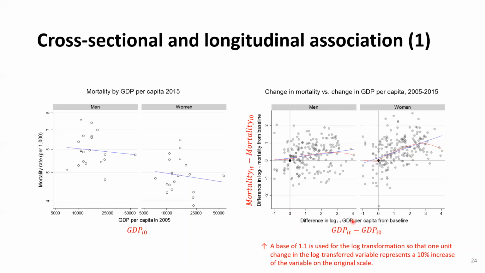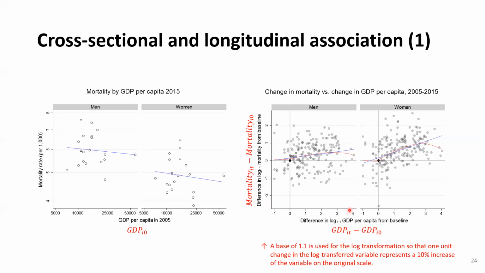When we take the natural logarithm, a 1 unit change equals GDP changing by a factor of e, which is 2.74 something, so that doesn't make much sense. That is the reason why I use 1.1. But for graphical analysis, it always doesn't matter which log we use, because our objective is to see the association, but I want to make these numbers more meaningful.